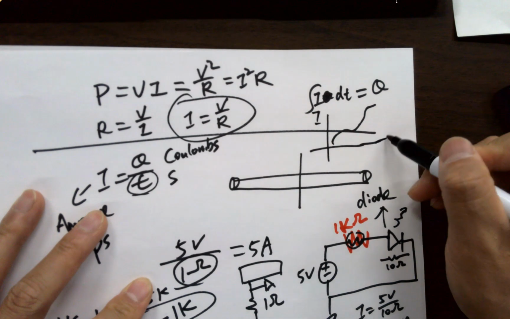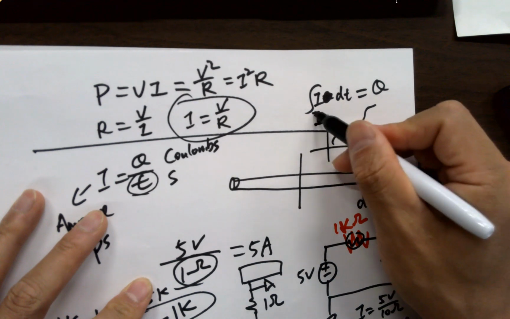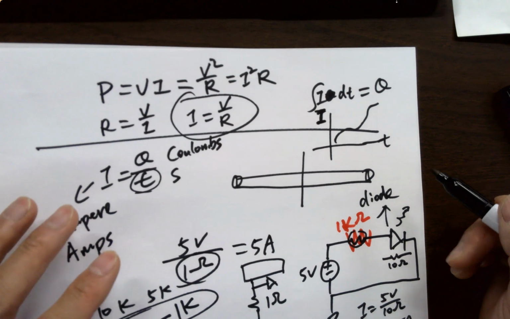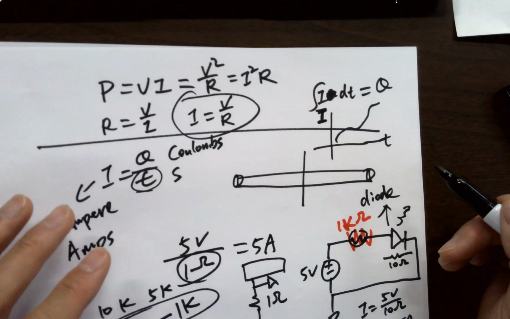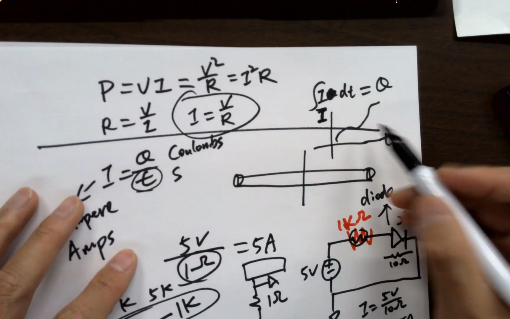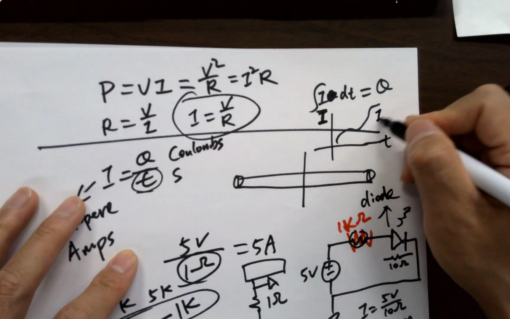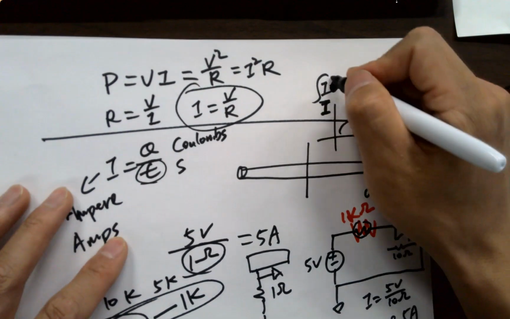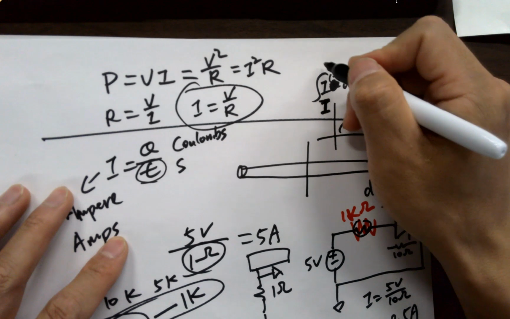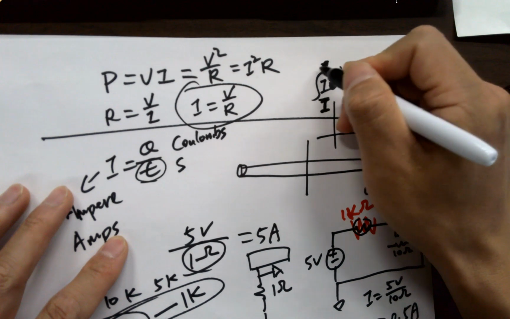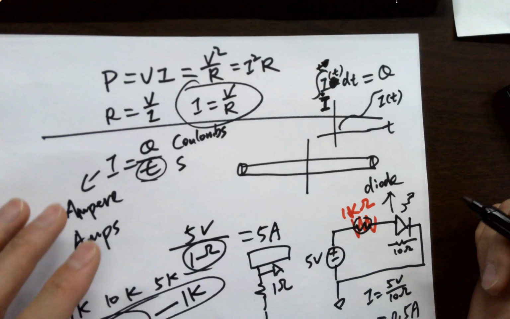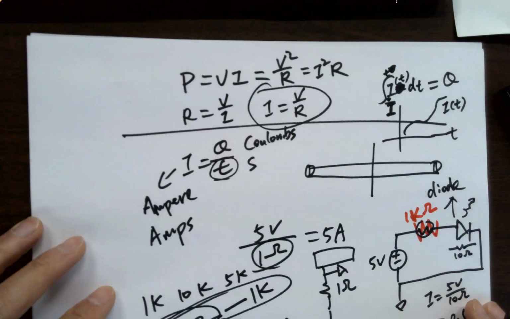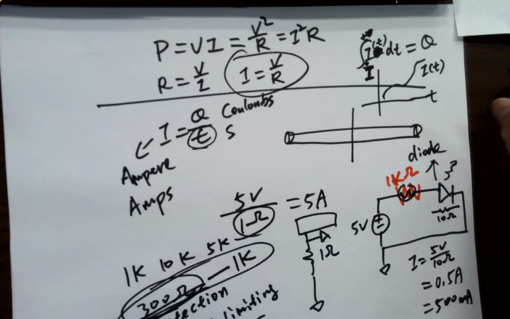Here's I, here's T, and you want to calculate the overall Q, in coulombs. Just integrate. I must be a function of T, so plug it in, with bounds from 0 to T. Just integrate it. Okay, any questions so far?